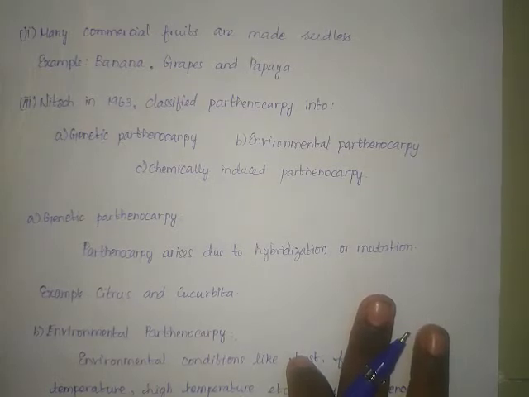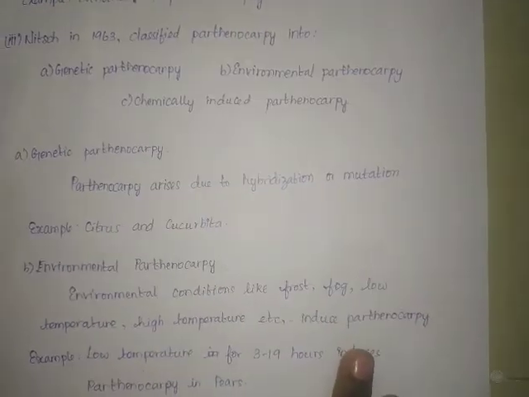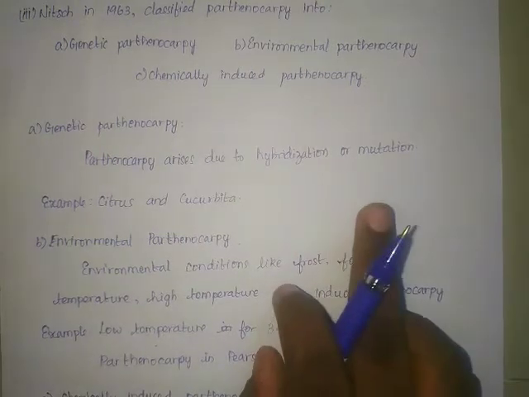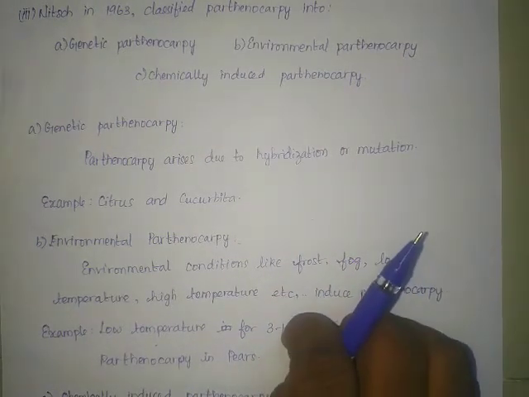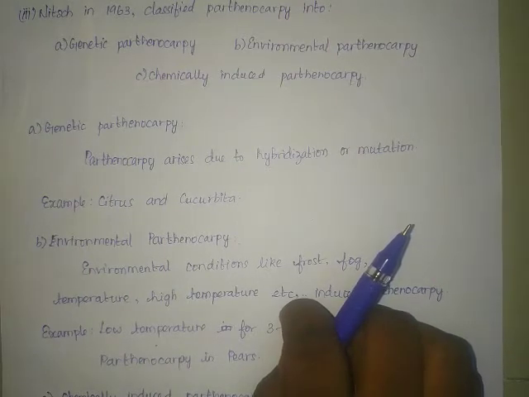They are genetic parthenocarpy, environmental parthenocarpy, chemically induced parthenocarpy. So we are going to say about genetic parthenocarpy. Genetic parthenocarpy arises due to hybridization or mutation. Example, citrus and cucurbita.